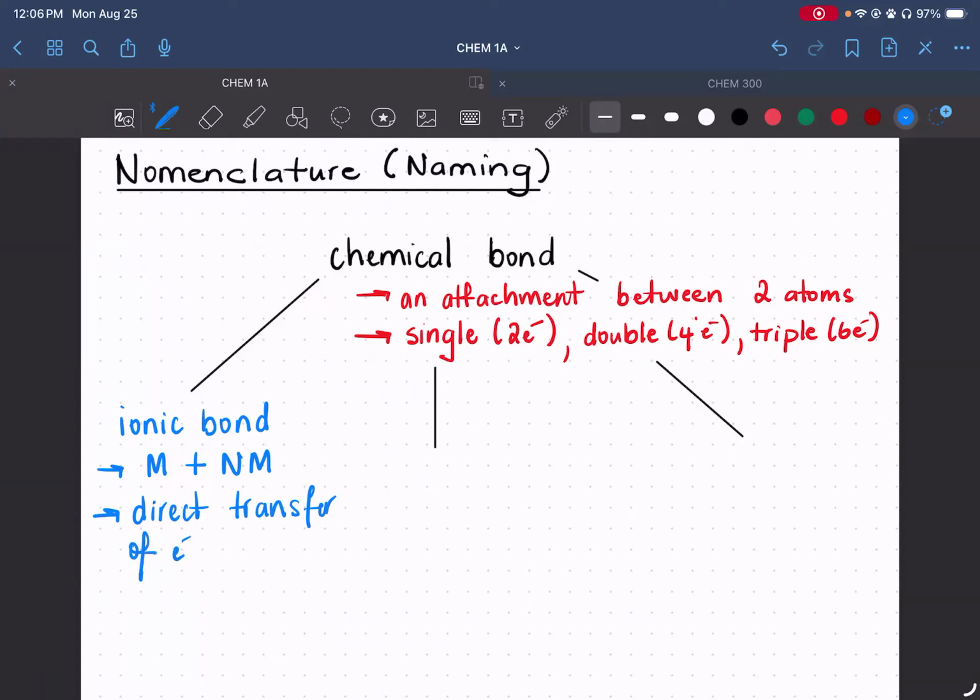After the ionic bond, we'll have what is known as a covalent bond. A covalent bond, in contrast to ionic, is between two non-metals. So NM plus NM.